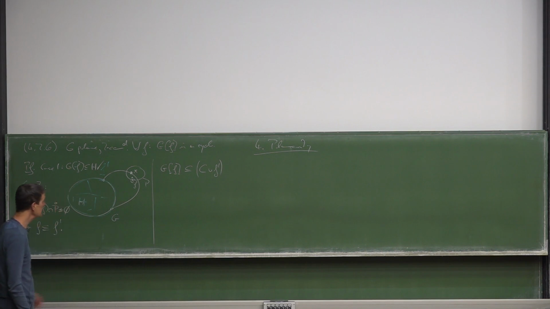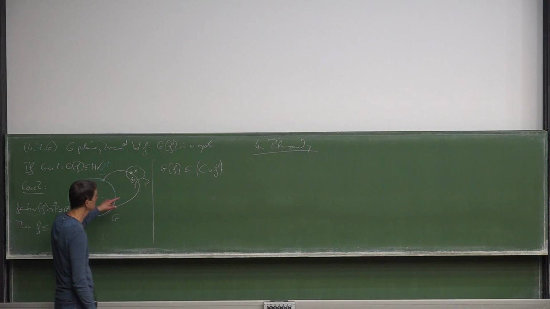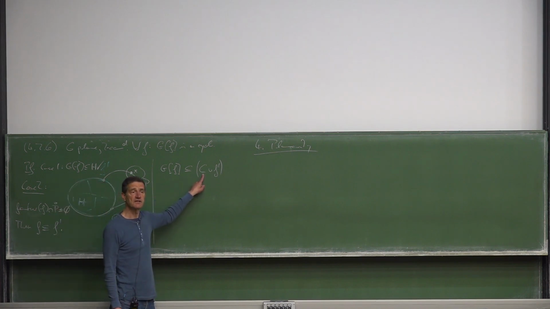Now, why is that? C is the frontier of f prime by definition. So this is a closed set.